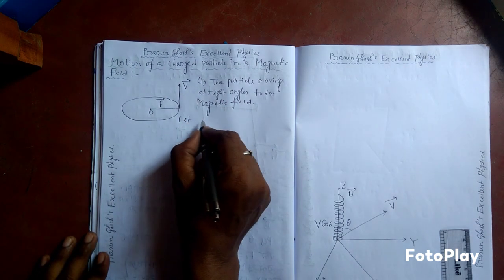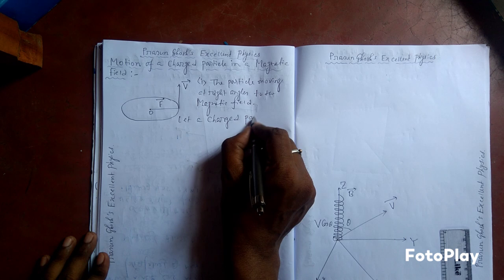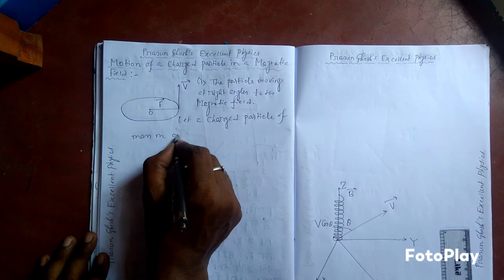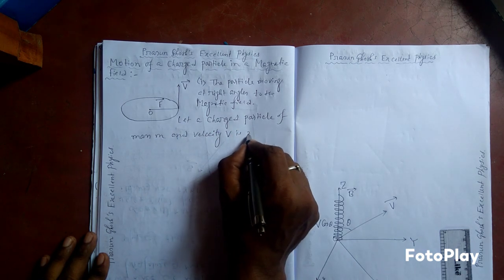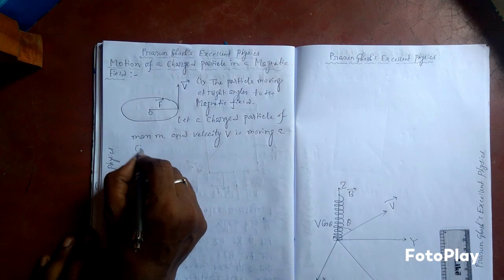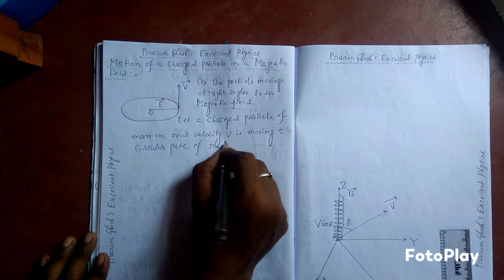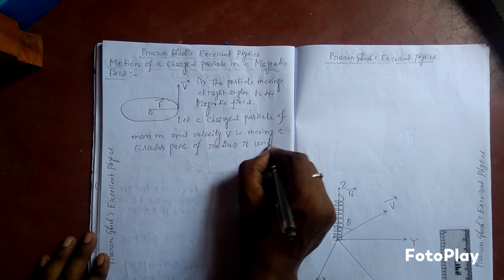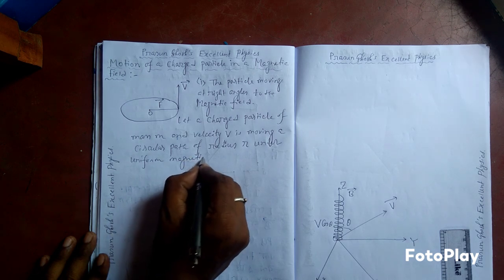Let a charged particle of mass m and velocity v be moving in a circular path of radius r under a uniform magnetic field.